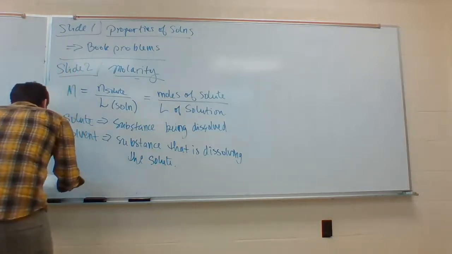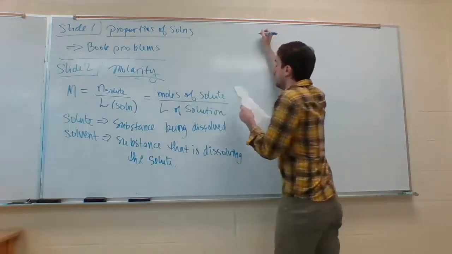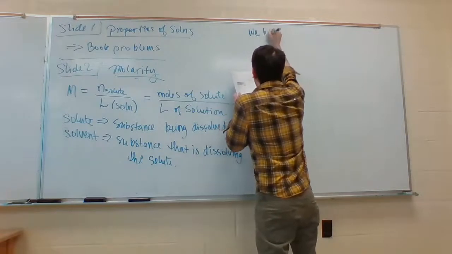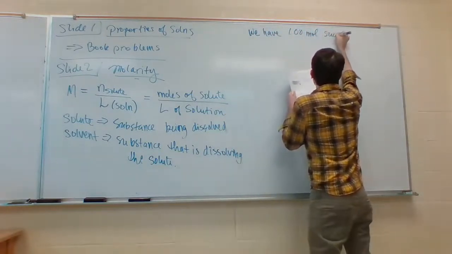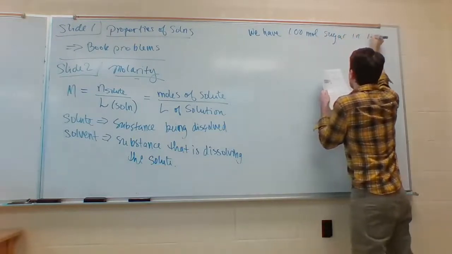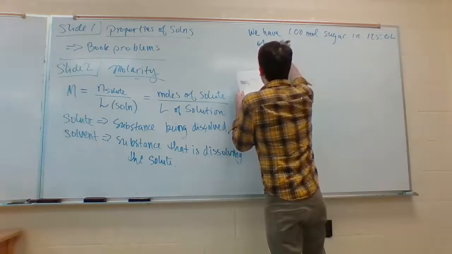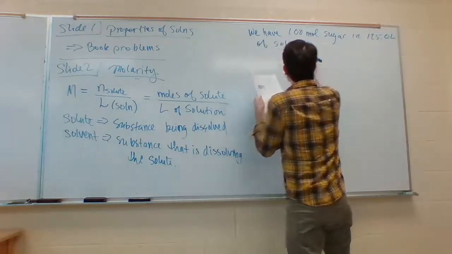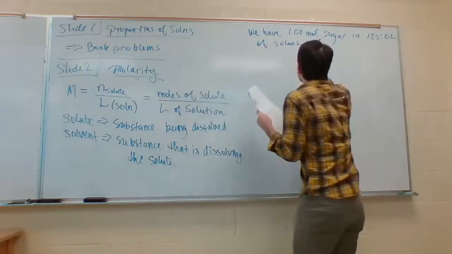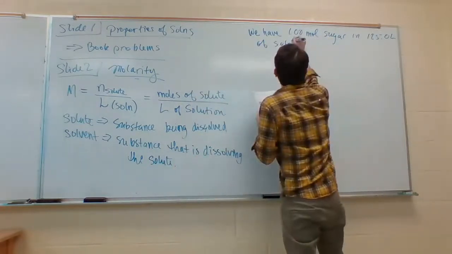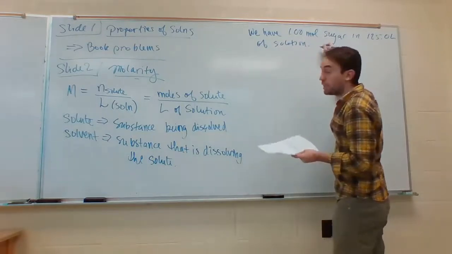So let's do this example, let's say that we have 1.00 moles of sugar and 125.0 liters of solution. Spell solution. Okay, then let's calculate our molarity.